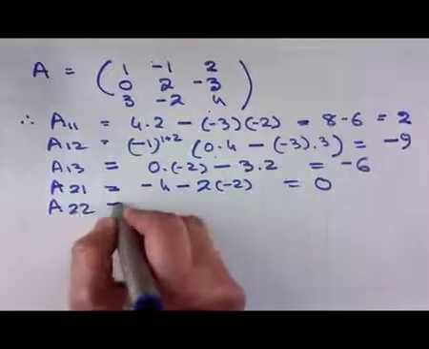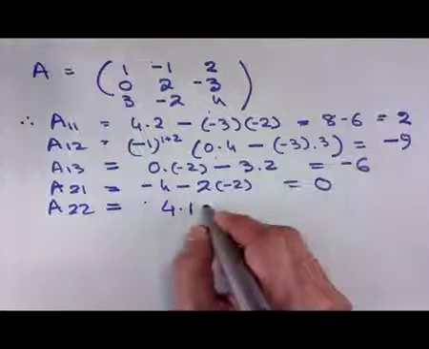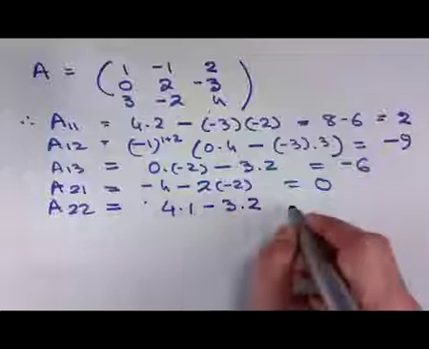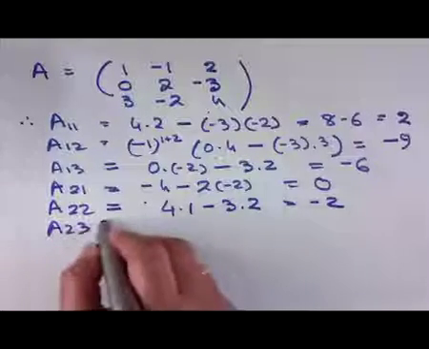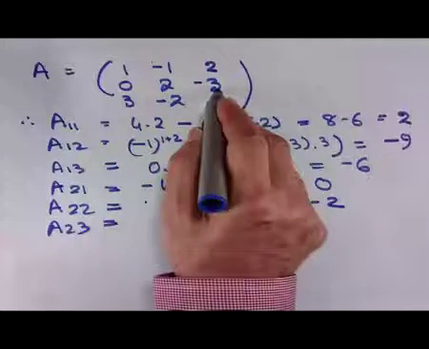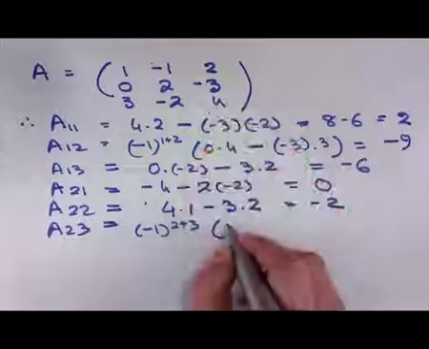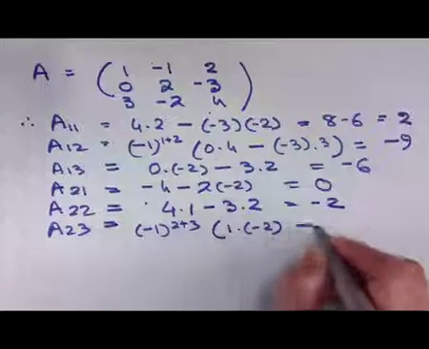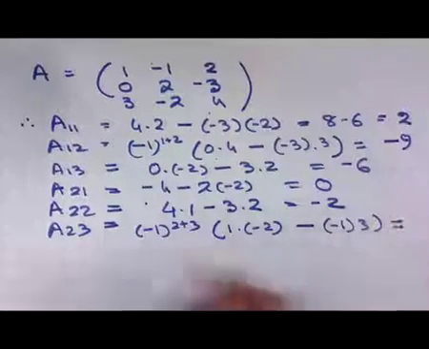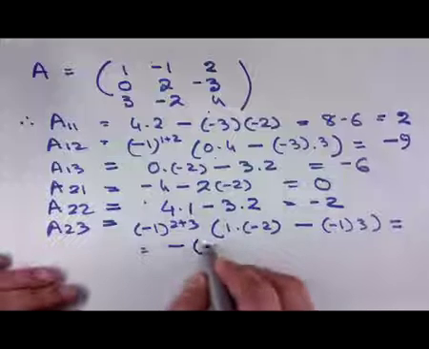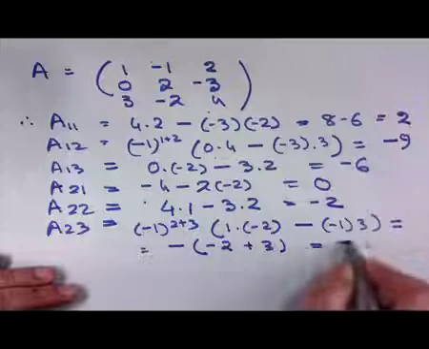A22 is equal to 4 into 1 minus 3 into 2, is equal to minus 2, and A23 is equal to minus 1 to the power 2 plus 3 multiplied by 1 into minus 2 minus 1 into 3, is equal to minus 2 plus 3, is equal to minus 1.